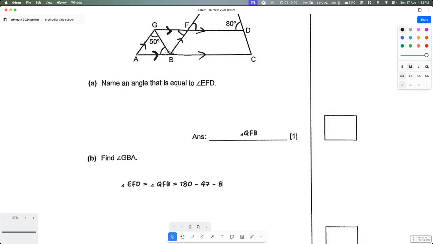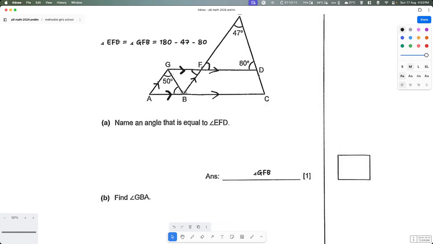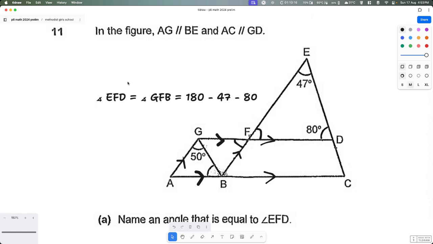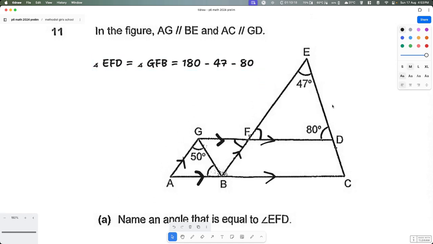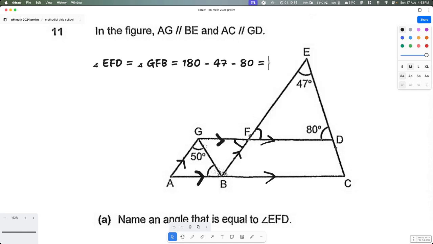I'll put the whole workings here so it's easier. So EFD is equal to GFB, which in this case, let's use our calculator, 180 minus 47 minus 80, will be 53 degrees.